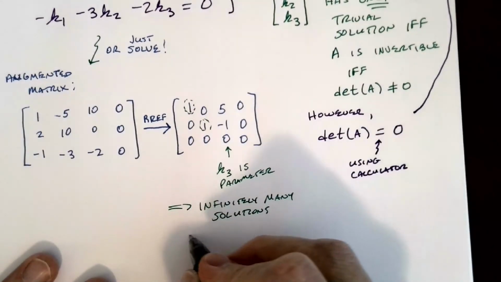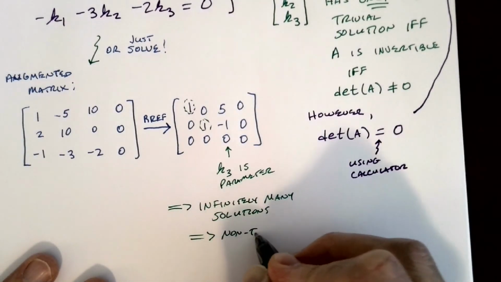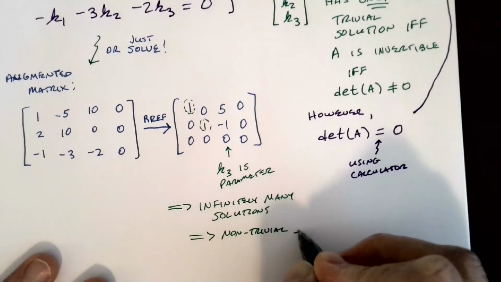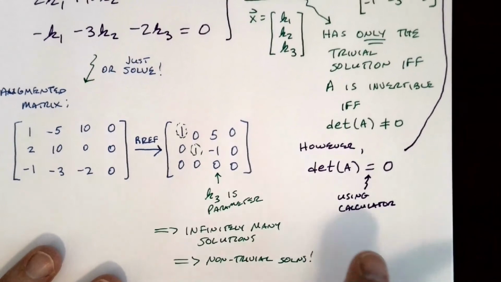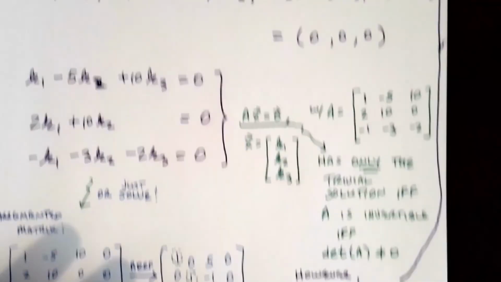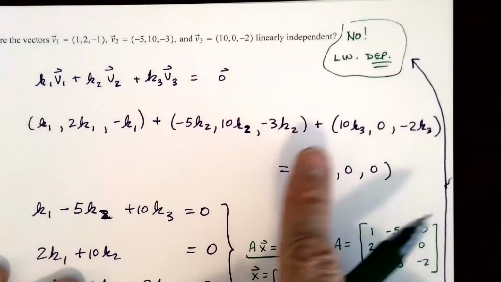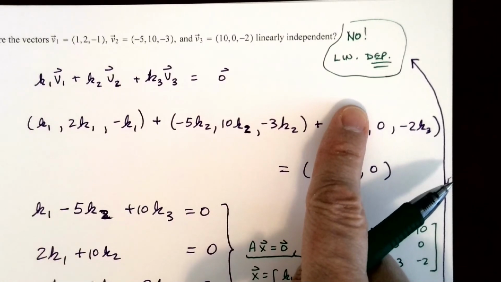And what does that mean? It means I have non-trivial solutions. And if I have non-trivial solutions, then we reach the same conclusion we did here, namely, that these vectors are linearly dependent.